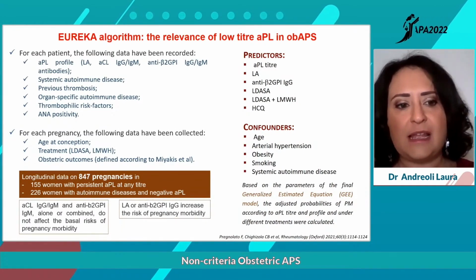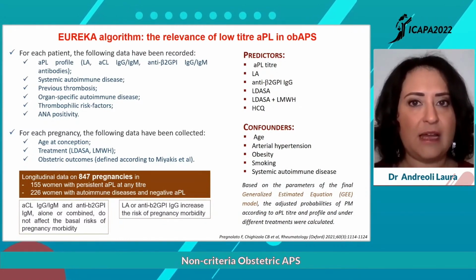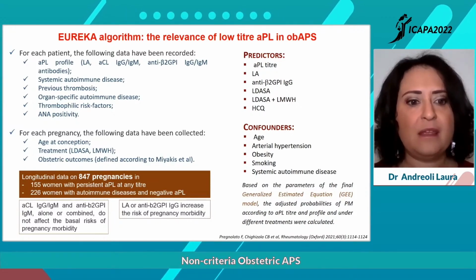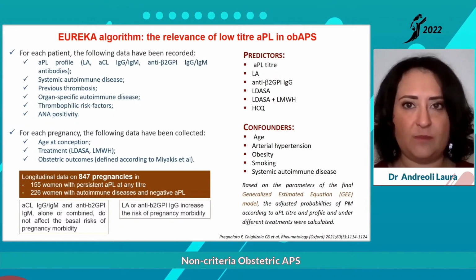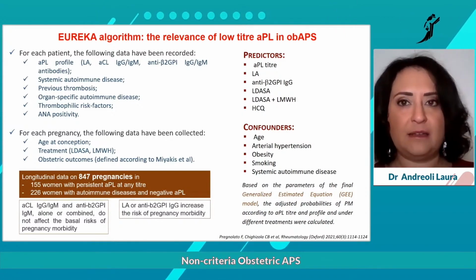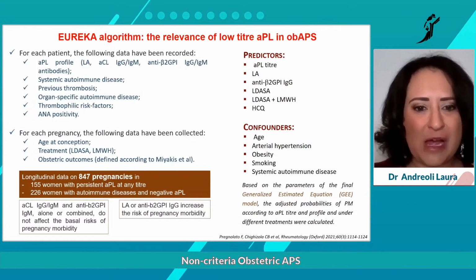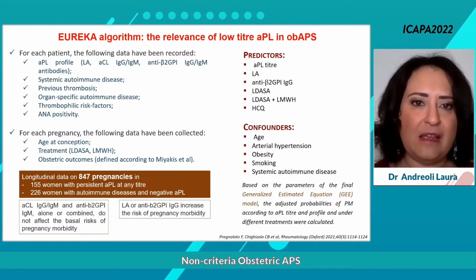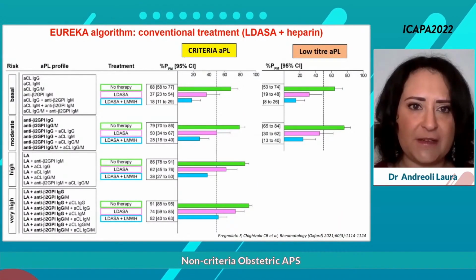It turned out that anticardiolipin IgG and IgM and anti-beta-2 IgM, either alone or combined together, did not affect the basal risk of pregnancy morbidity, while the important tests were lupus anticoagulant and IgG anti-beta-2. And you can see it very nicely from these images.